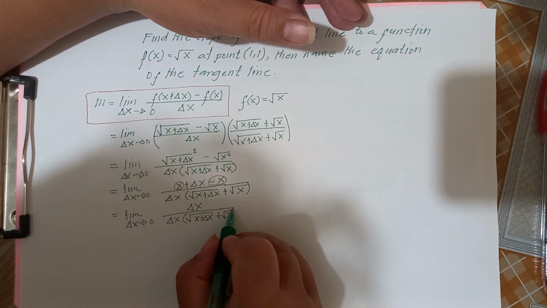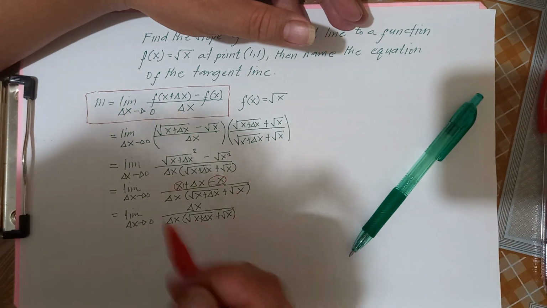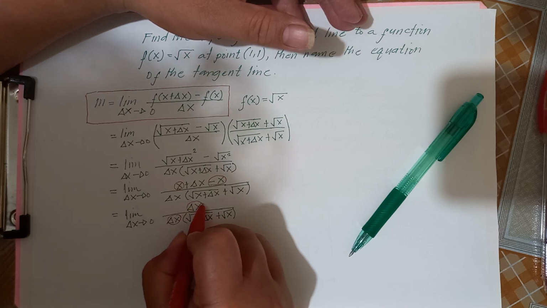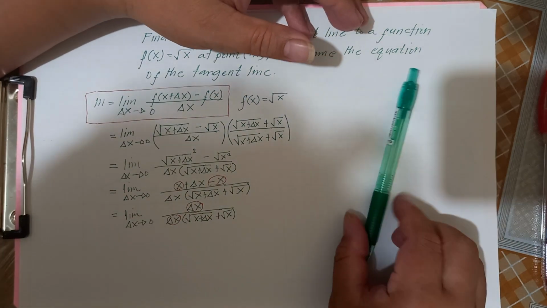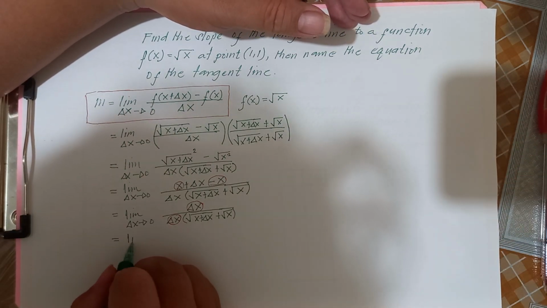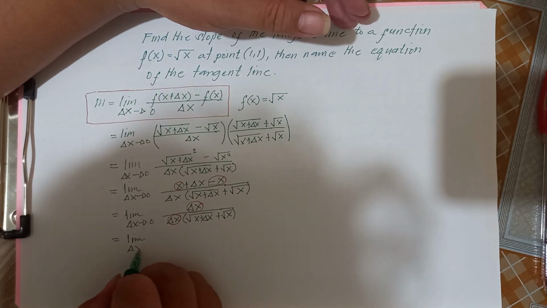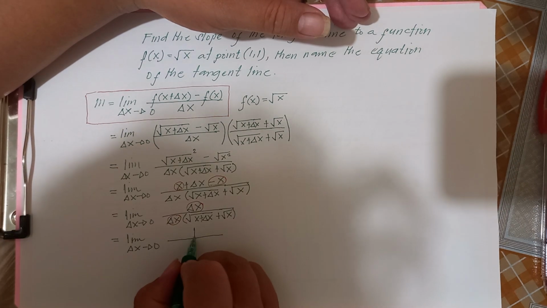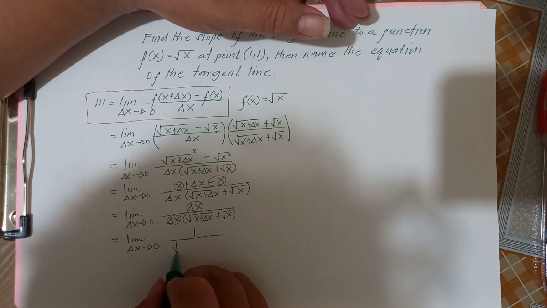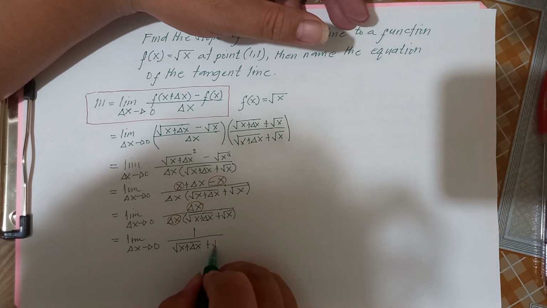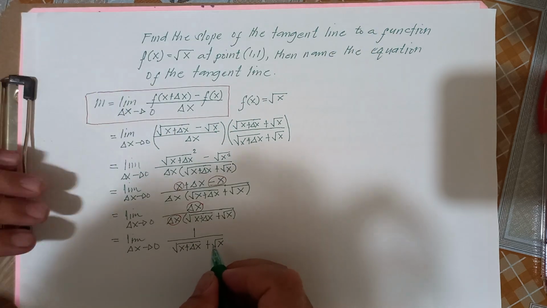And so we can cancel change of x over the change of x. So what is now our new limit? Our new limit is the limit as change of x is approaching 0 of 1 over the square root of x plus change of x, plus the square root of x.